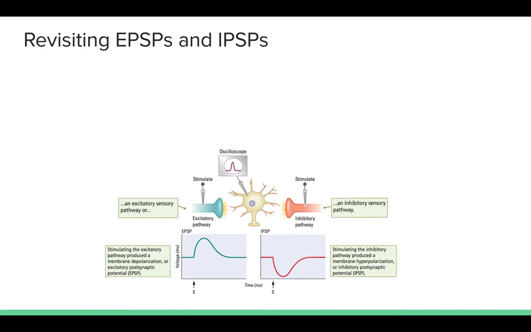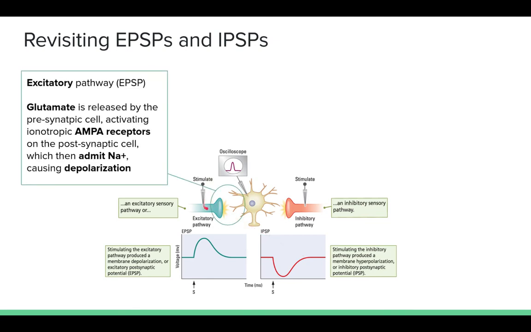But now we can be more specific about what's happening here. These excitatory pathways are glutamatergic synapses. When we're stimulating these glutamatergic synapses, the glutamate crosses the synapse and binds to AMPA receptors. Those AMPA receptors are ionotropic receptors. When activated, they open and allow sodium into the cell, which of course depolarizes the cell.